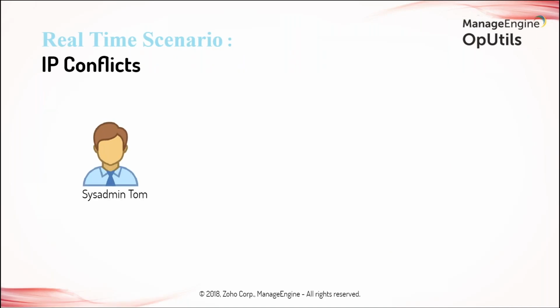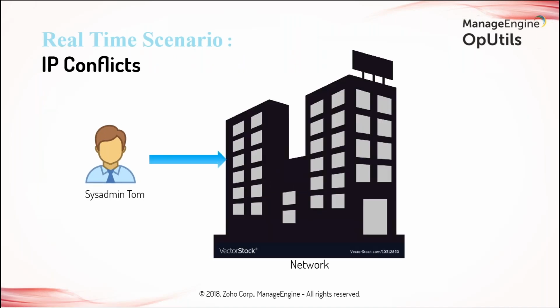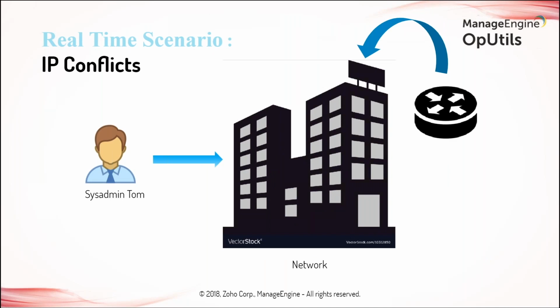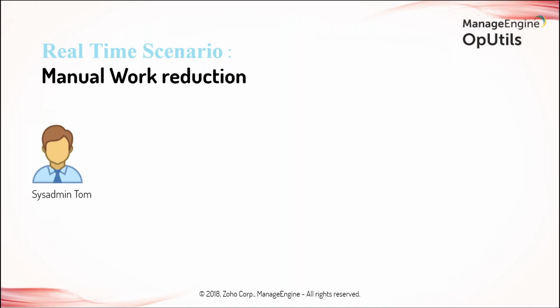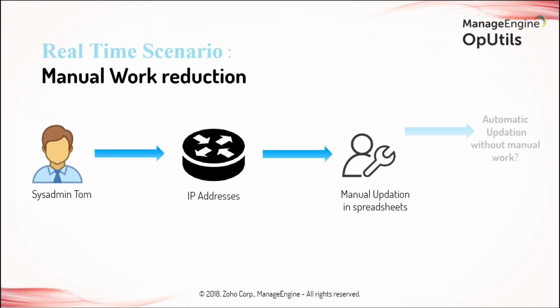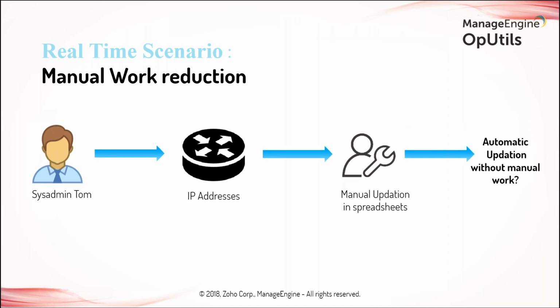So let's take, as I said, the scenario where an IP address which is already used in the network gets assigned to another device by looking into a spreadsheet where the information is maintained. Then there is a lot of work: you have to check the IP address, manually update the information on the spreadsheet, and assign that IP address to a new device.